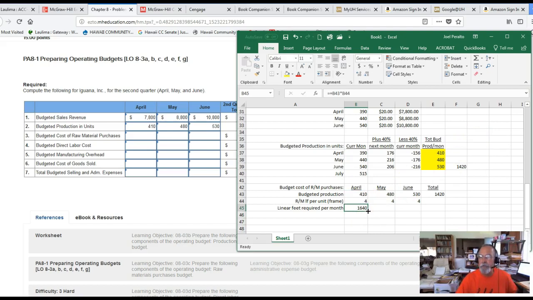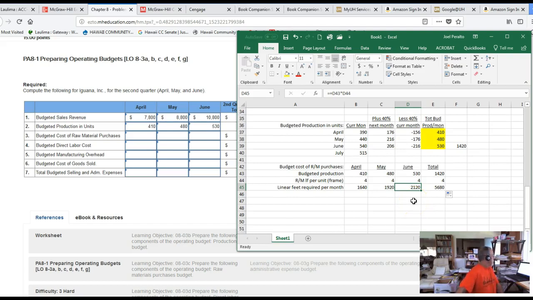I think we can copy this over. Okay, and for the quarter, it should be the same here. So we're looking at 1640 linear feet for our budgeted production for April, 1920 linear feet for May, and 2120 linear feet for June.